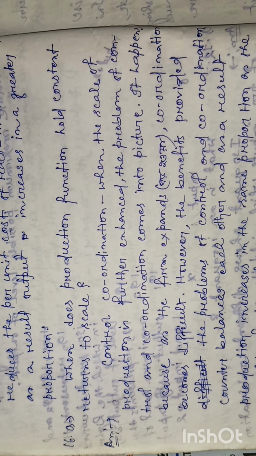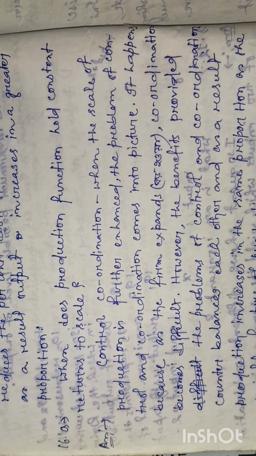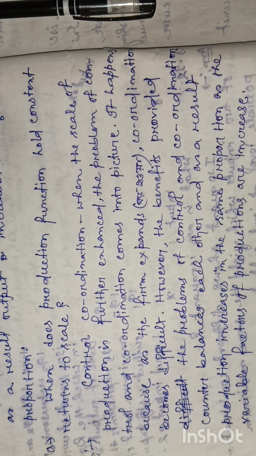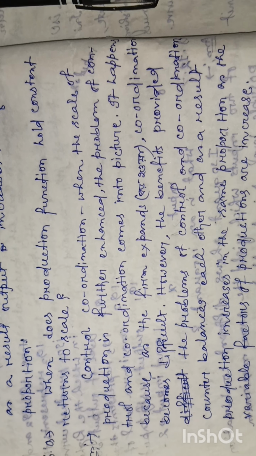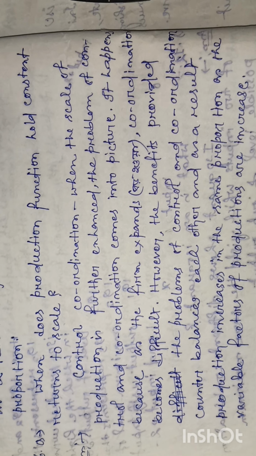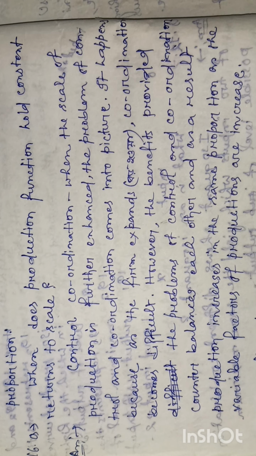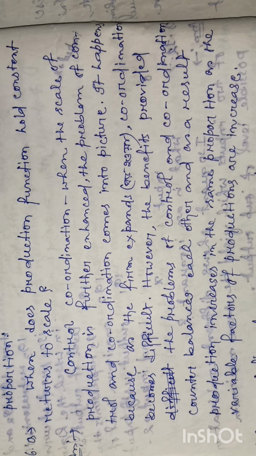When does production function hold constant returns to scale? Control and coordination. When the scale of production is further enhanced, the problem of control and coordination comes into picture.